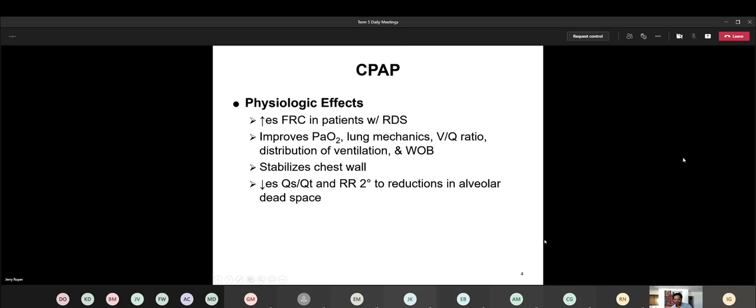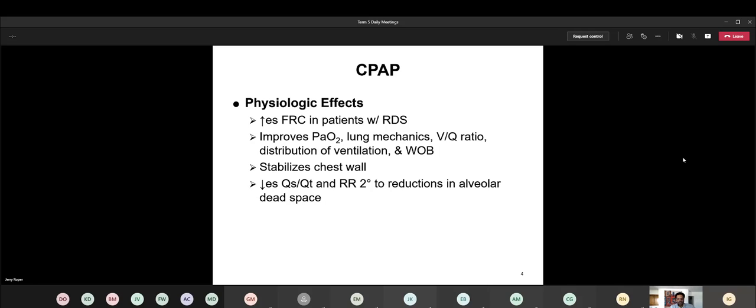All right, so we've seen this again and again that when you place a patient on CPAP, the first thing that happens is that their FRC is going to go up. So increase in FRC is the goal that we're shooting for, especially when you're dealing with RDS.